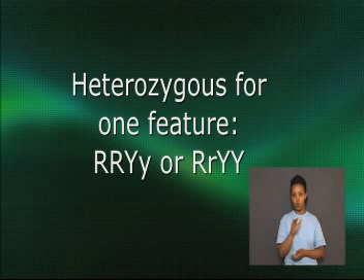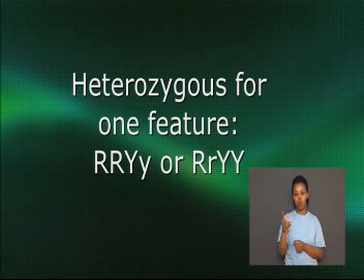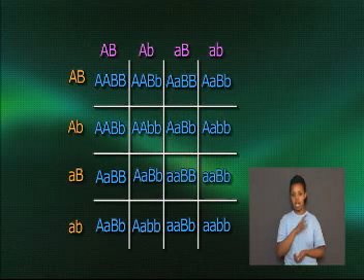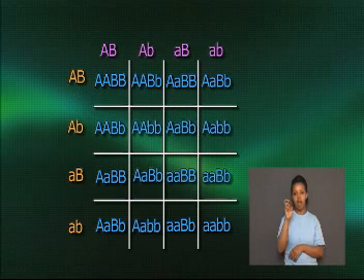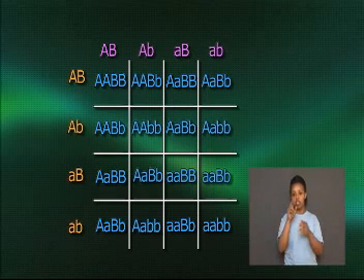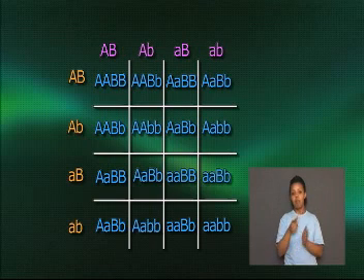The offspring can also be heterozygous for one feature and not the other, which is represented by RrYY or RRYy. If we refer to the diagram of the Punnett square for a dihybrid cross, we can get a clearer idea of how the cross occurs. Take a moment to study this diagram.